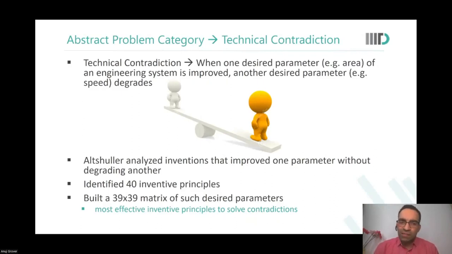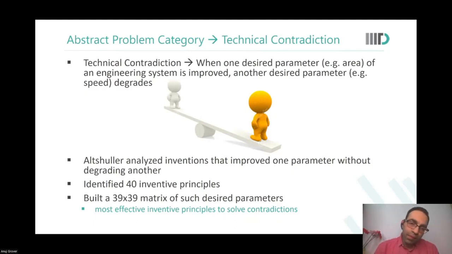The inventive principles help us to identify those alternate parameters which may not be as desired as the first two parameters are, and we could compromise on those. We could compromise on complexity a bit, and by that we could gain area and also speed simultaneously. That is what the application of inventive principles does for us.